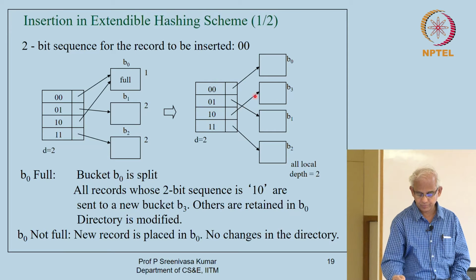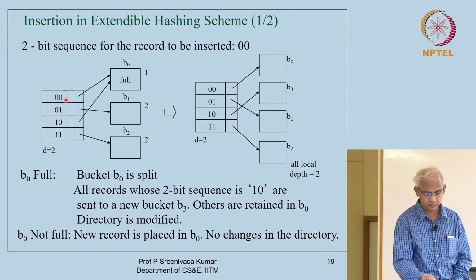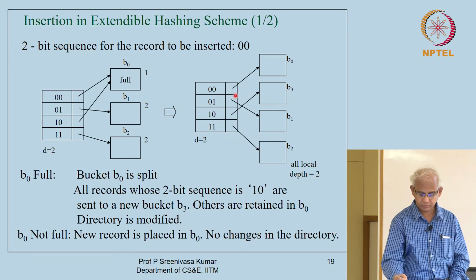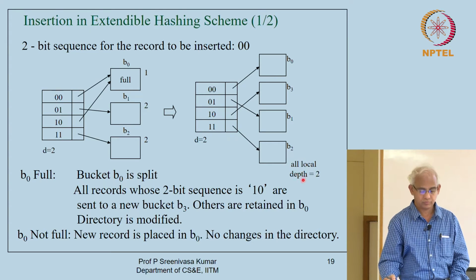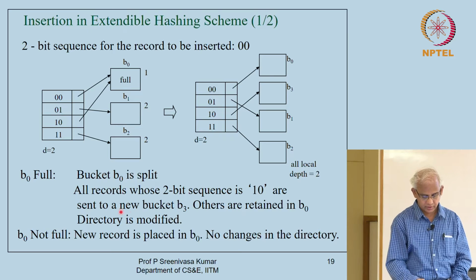So basically now we have made use of the full bit sequence. Earlier we were essentially making use of just one bit, equal to the local depth. Now we are making use of the 2-bit sequence. So now the directory structure is like this, all buckets have local depth 2. So the directory is modified.